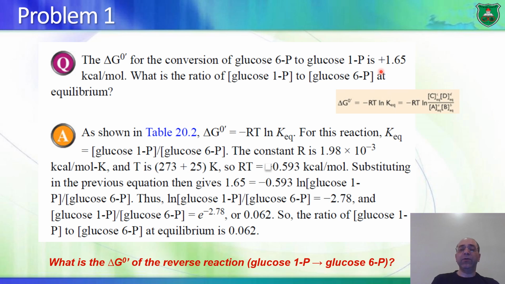So all you need to do is really change the sign from plus to minus, from positive to negative. So if a reaction is endergonic, the reverse reaction is exergonic. Okay, same value, opposite sign.